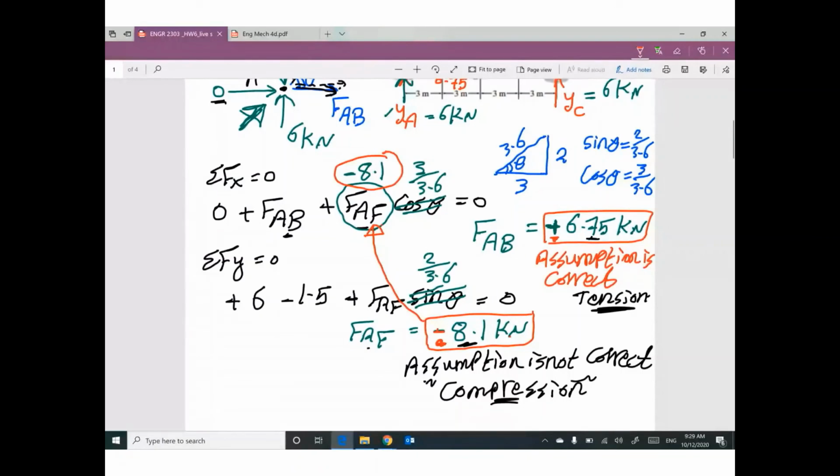Everything didn't change. So I will keep everything without change. Then I got the final answer for FAB and I got the final answer for FAF. So I will take some decision. Positive means your assumption is correct, it's a tension. Negative means your assumption isn't correct, it's a compression.